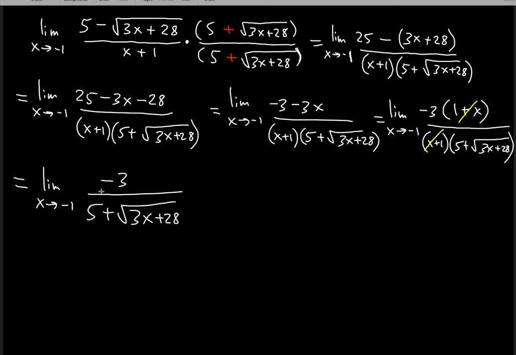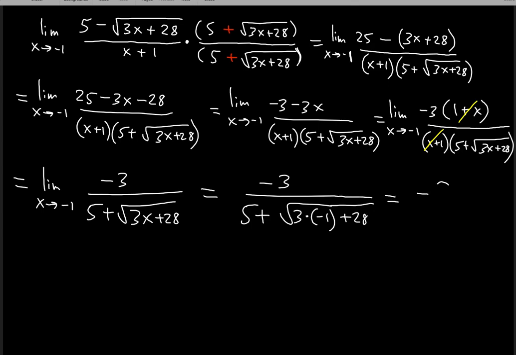And now guess what happens? Now we can plug in the value of negative 1, because not only that, we also have 5 plus, right? If we had 5 minus, we would be in trouble, but it's possible to find a limit in this problem, so it's guaranteed it's going to work out. So 5 plus makes sure that we're not going to get a 0. So if you plug in negative 1, you will get this, negative 3 over 5 plus the square root of 3 times minus 1, plus 28.